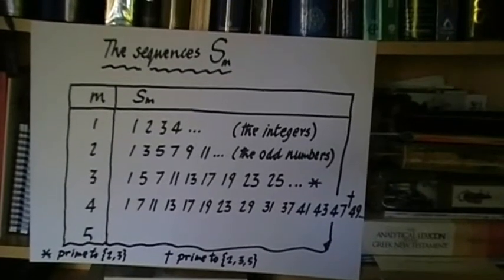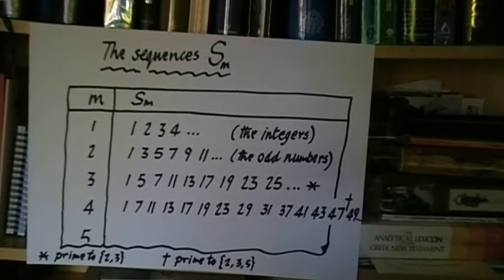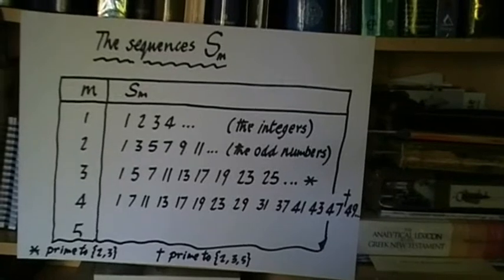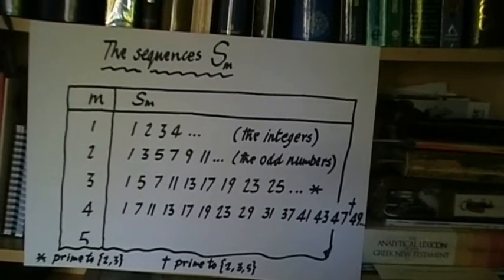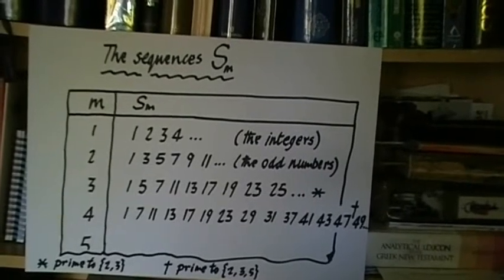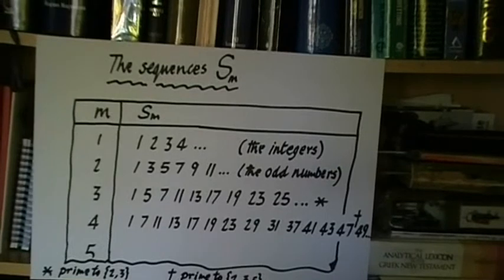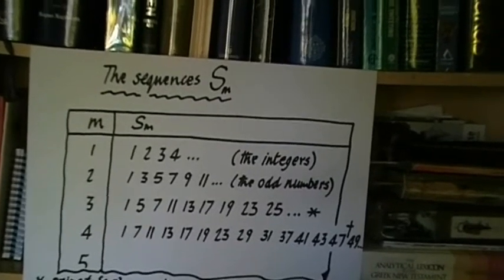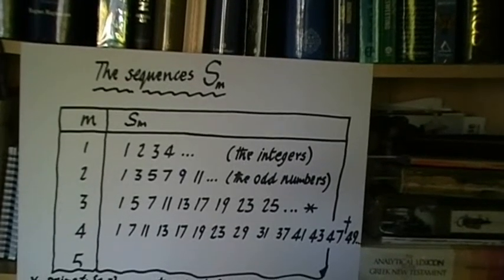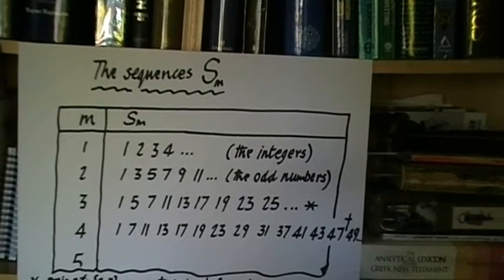We look at these regular sequences SM, prime to BM. S1 is the sequence of integers divisible by 1, that's to say 1, 2, 3, 4, 5, 6, 7, the integers themselves. S2 is the sequence prime to 2.